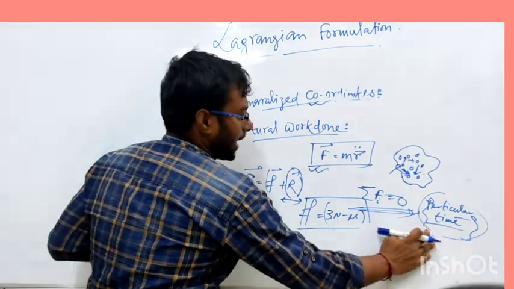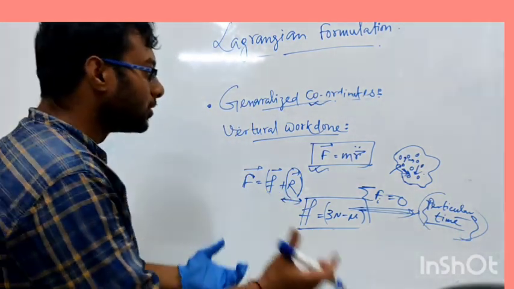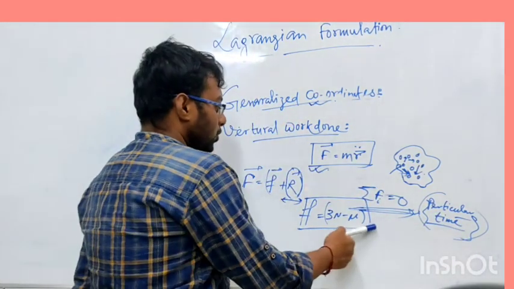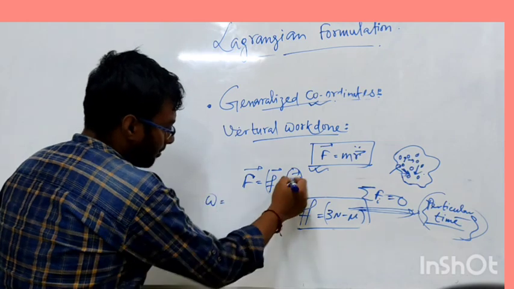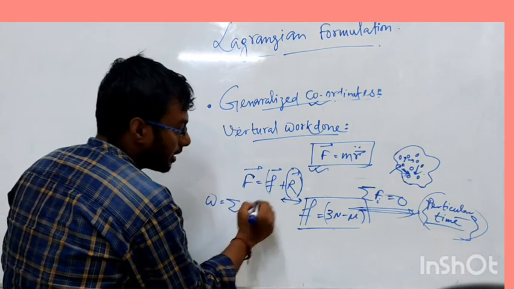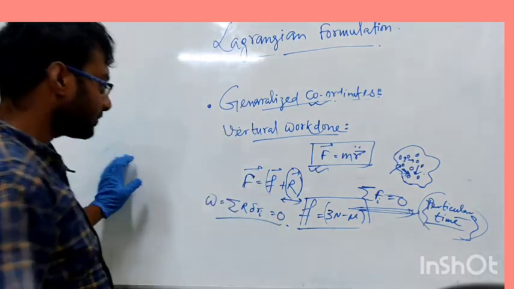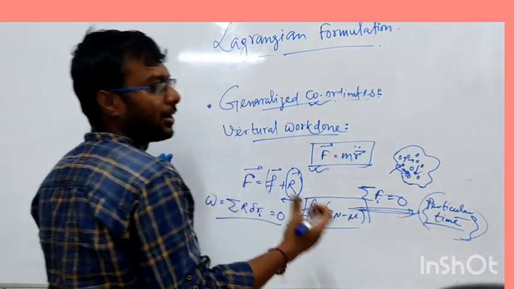So at a particular time, the work done by this force should be equal to 0, because that is happening for a particular moment. So the work done by that force, summation of R into del R, should be equal to 0, because it happens without allowing any interval of time.